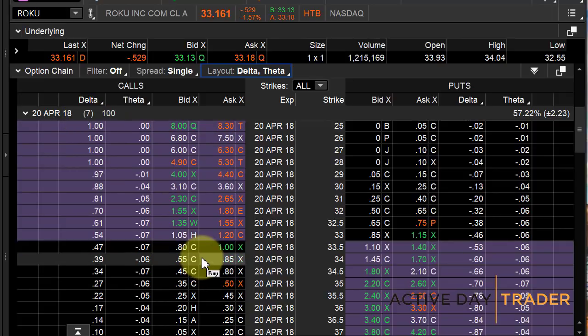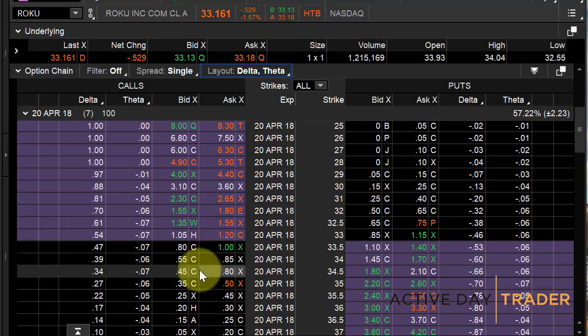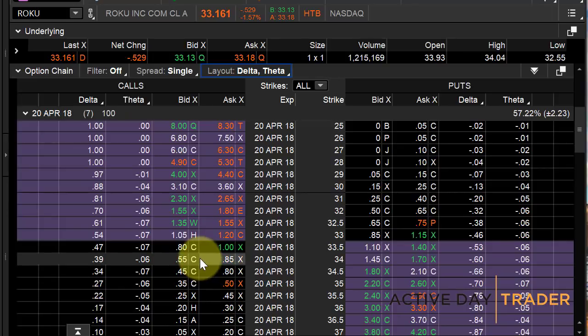If it does trade above 34, if it closes at 35, we're long 1,000 shares from 34. It's going to be worth $1 because it's stock. At expiration, these will turn into stock as long as they're in the money.